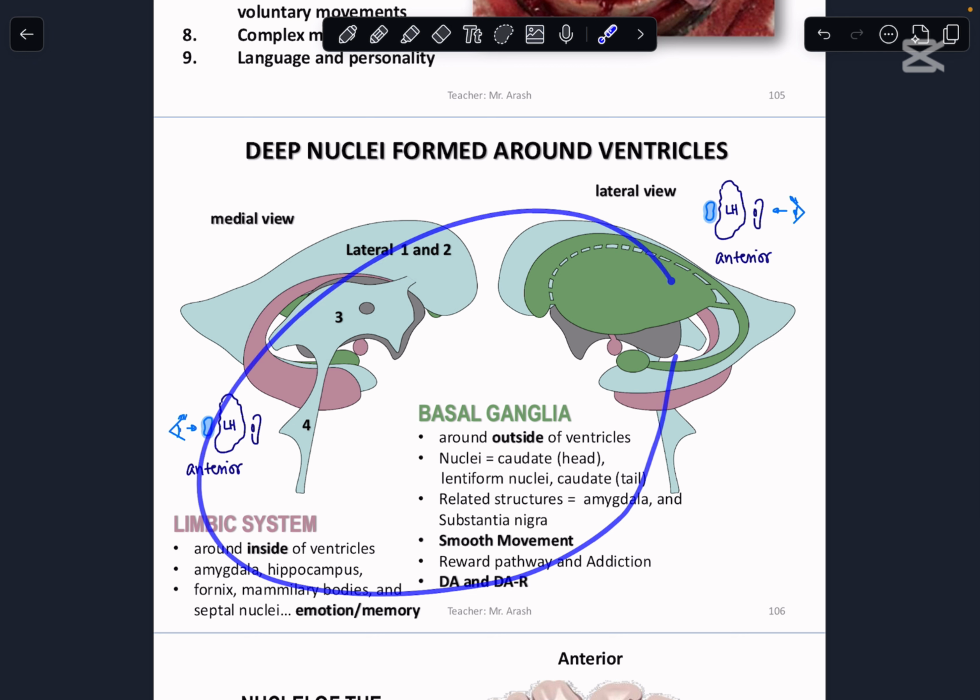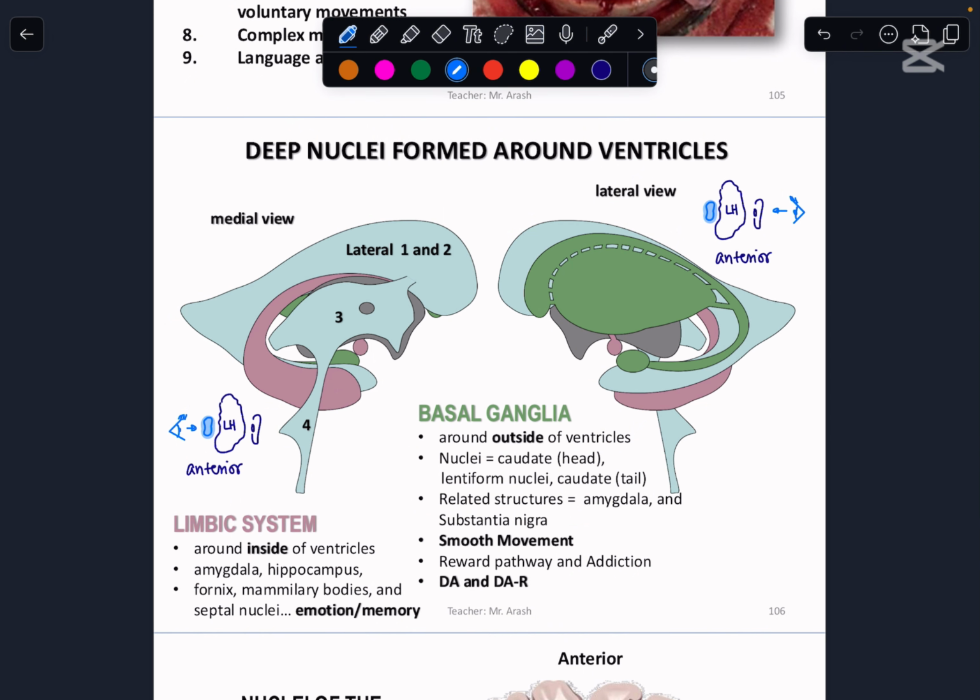This is color coded, guys. Anything in light blue is your ventricles. Anything in green is called the basal ganglia.